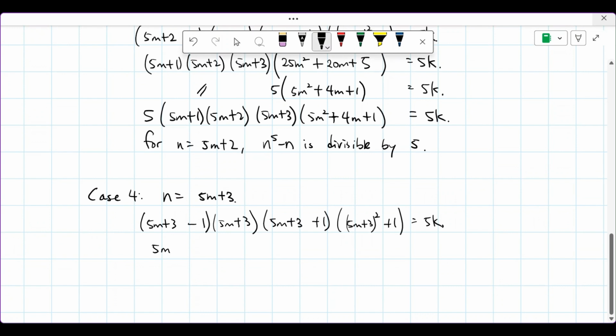Once again, I think the first 3 factors wouldn't give me a multiple of 5 immediately, but the last factor probably should. 25m squared plus 5 times 3 times 2 is 30m, and then plus 3 squared is 9. 9 plus 1 is 10.